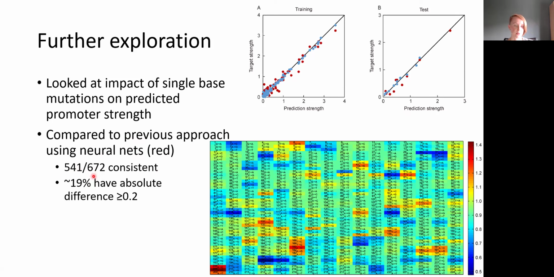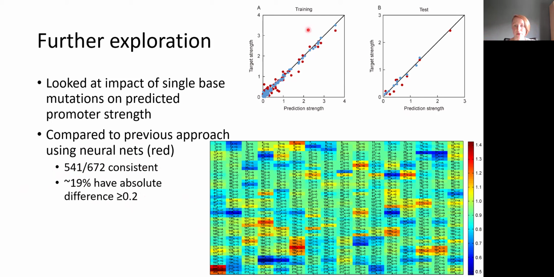But even using these different model types, when looking at this kind of summarization, the vast majority were consistent between the two. So the same mutations were either increasing or decreasing promoter strength. And only about 20% of the different mutations had absolute differences in these predicted values of more than 0.2.